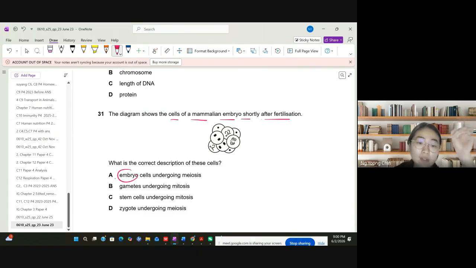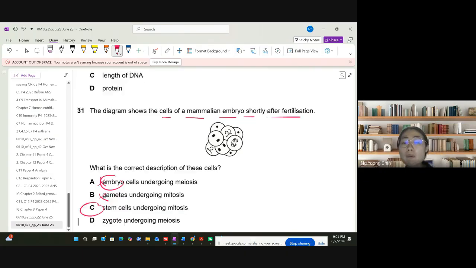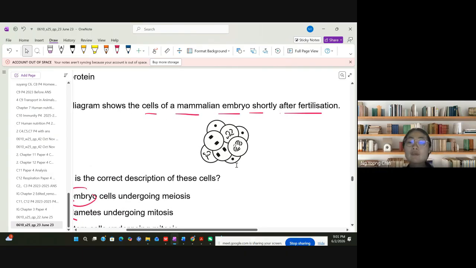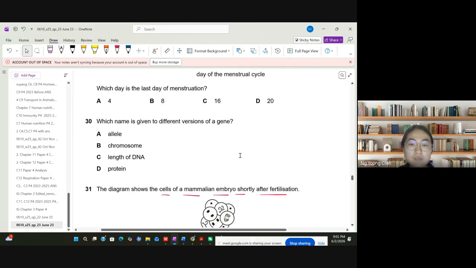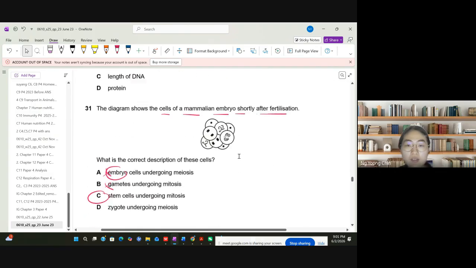So A is incorrect. And B, gametes, is also incorrect, because gametes will just undergo meiosis. So I say C. Yeah, it's C, a stem cell, because the zygote will undergo mitosis. So this actually shows mitosis.